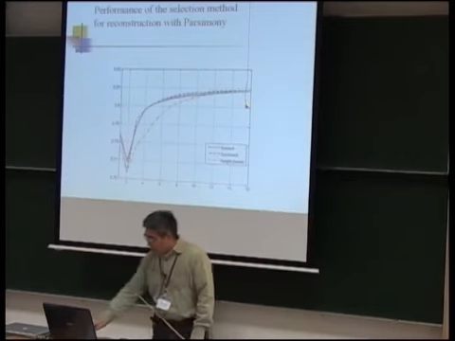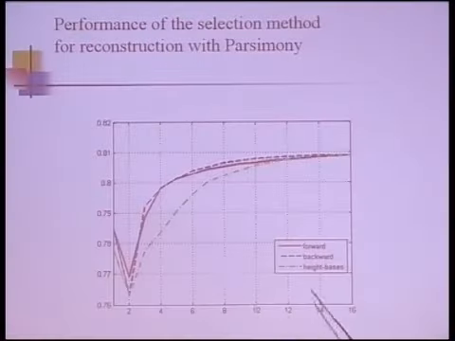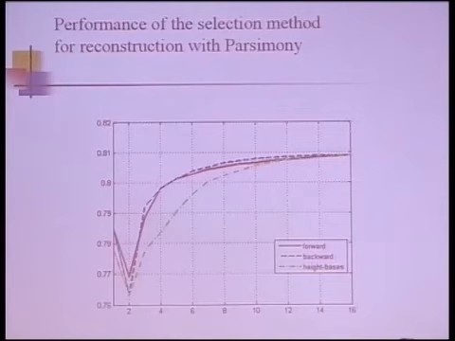This is the accuracy, and this is the number of leaves we selected. The total number of leaves in the tree is 16.